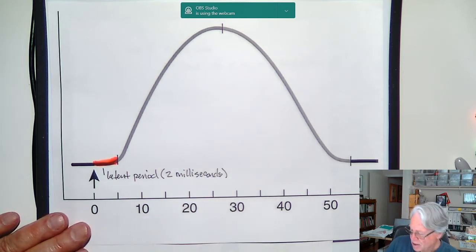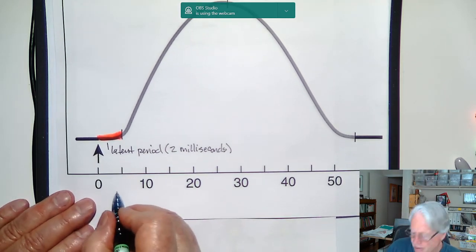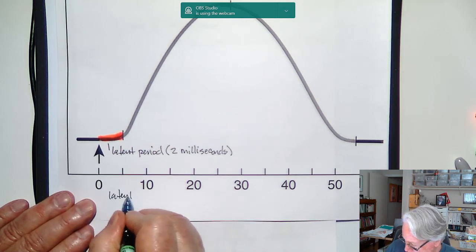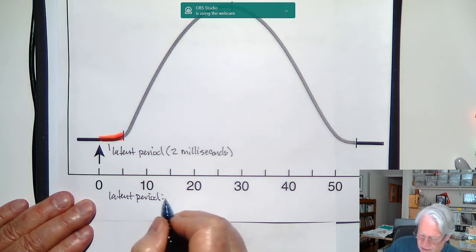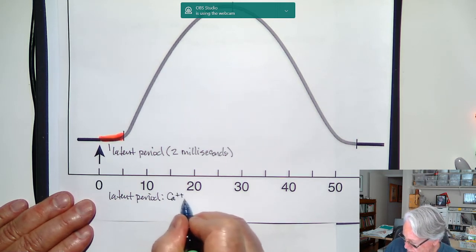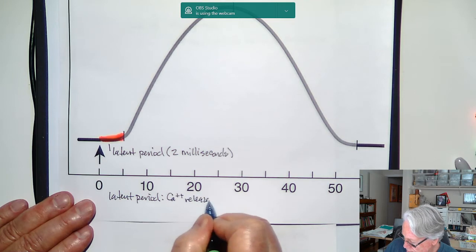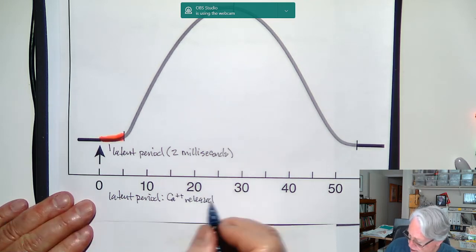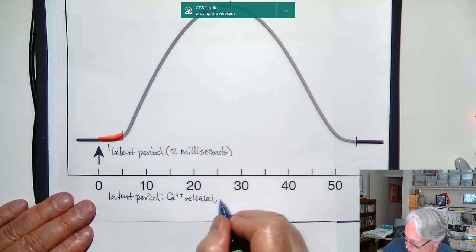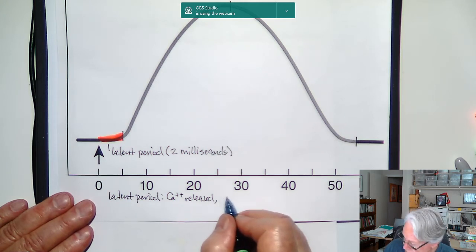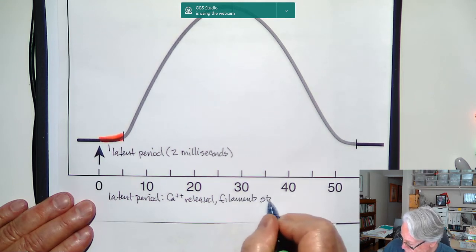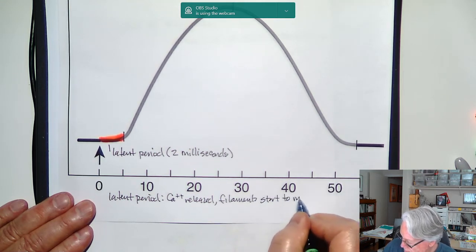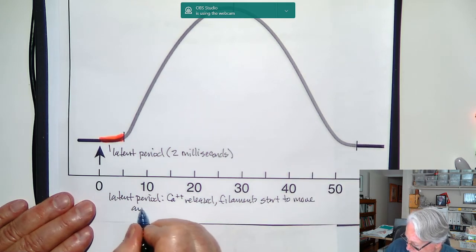And what's happening during the latent period? Calcium is being released, and the filaments will start to move and take up slack.